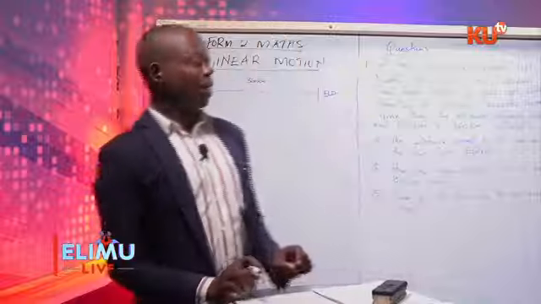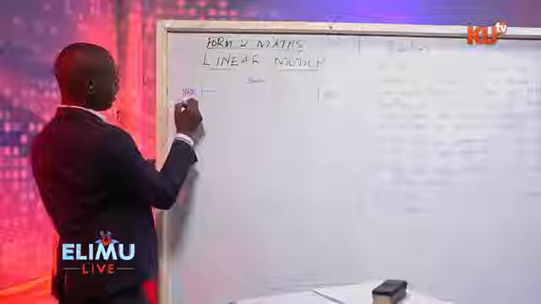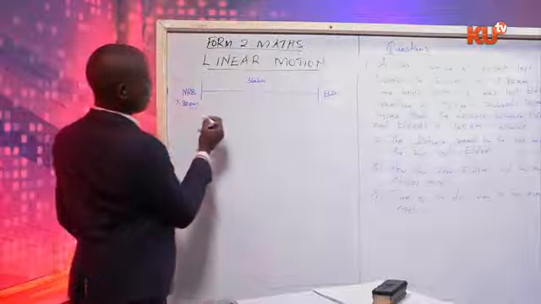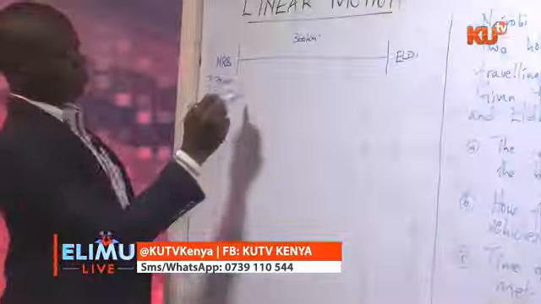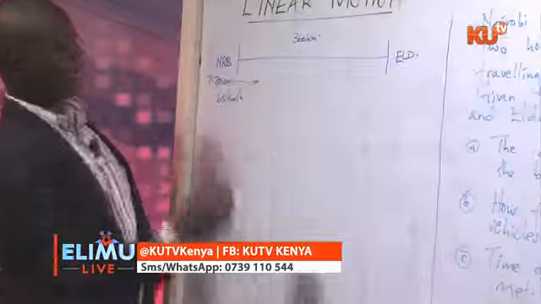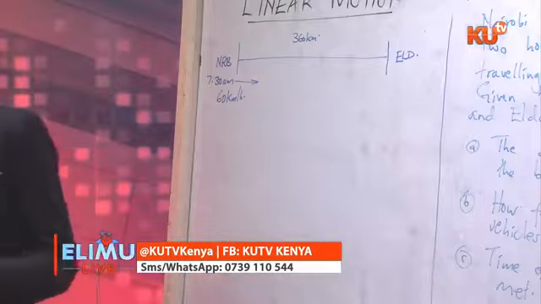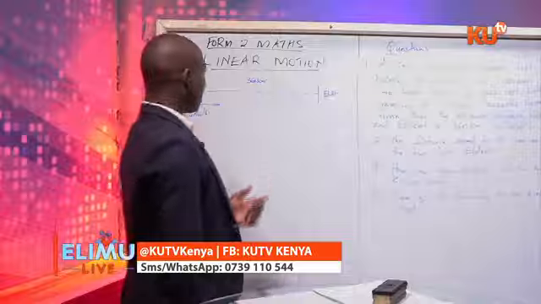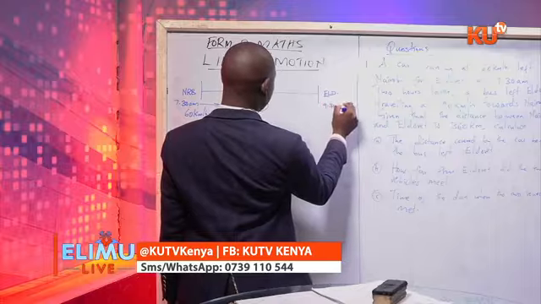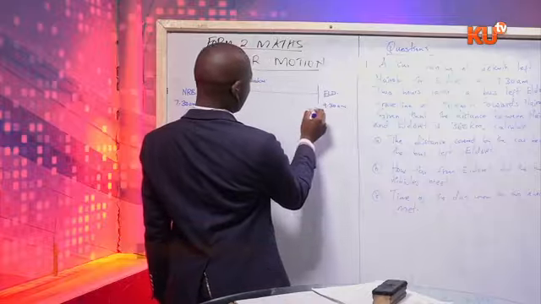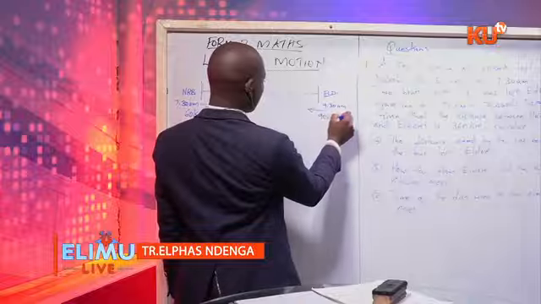Students, the car is leaving Nairobi at 7:30 a.m., so we indicate 7:30 a.m., and is traveling at 60 kilometers per hour. The direction is towards Eldoret. And 2 hours later, so it means at 9:30, that is when the bus leaves Eldoret, traveling towards Nairobi at a speed of 90 kilometers per hour.